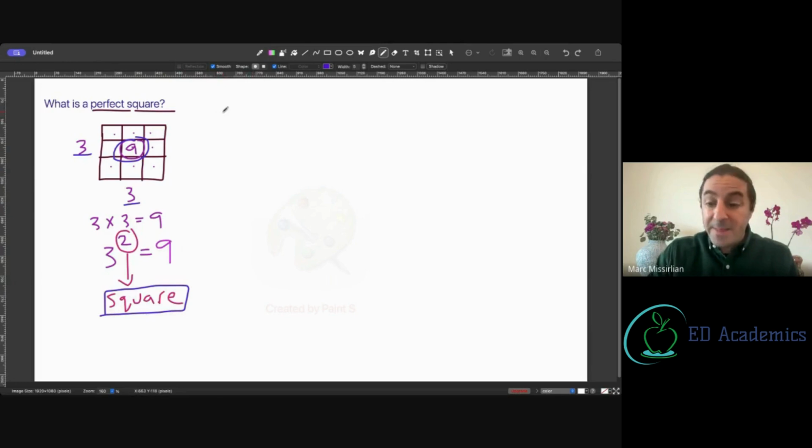Now let's think about other perfect squares, and let's practice our exponents along the way. 2 squared, 2 times 2, 4. 3 squared, as we know here, is 9. 4 squared, 4 times 4, is 16. 5 squared, not 10, it's not 5 times 2, it's 5 times 5.